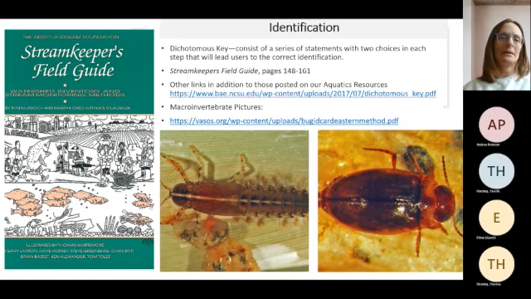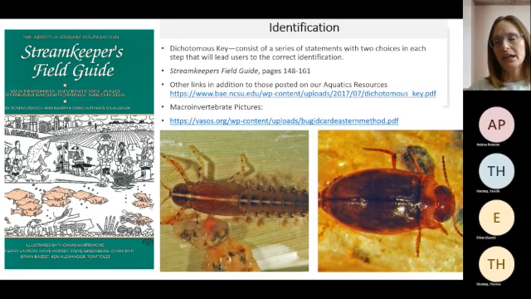All right, so we're going to move on to identification, and I'm going to go through some different ways to identify. We'll be looking at a dichotomous key. I found a PDF online that is the same dichotomous key that came out of the Streamkeepers Field Guide.